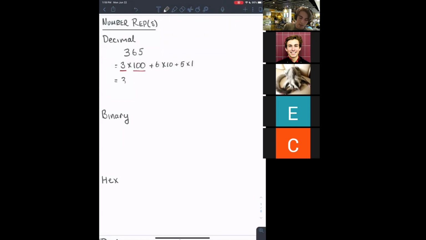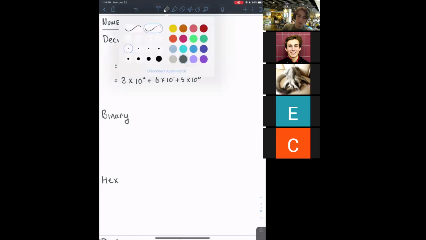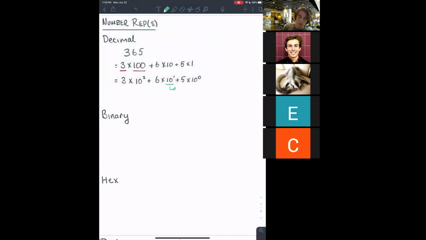So I can also write this as 3 times 10 squared plus 6 times 10 to the 1 plus 5 times 10 to the 0. And here, 10 is referred to as our base or radix. So does anyone have any questions on this expansion of decimal numbers?